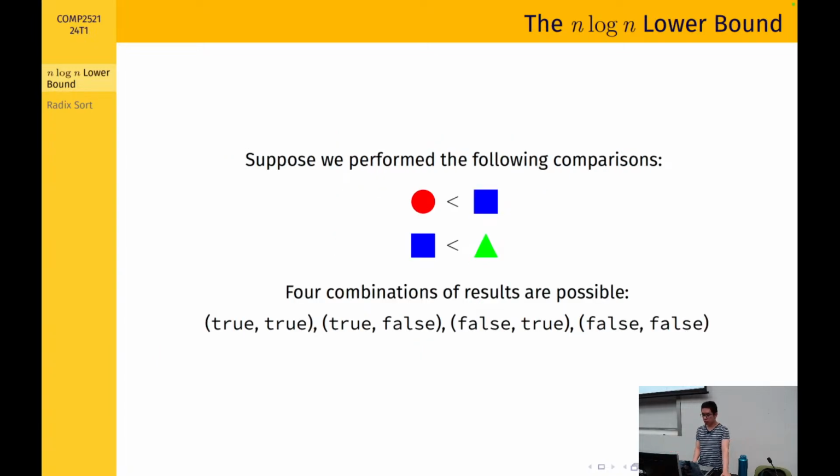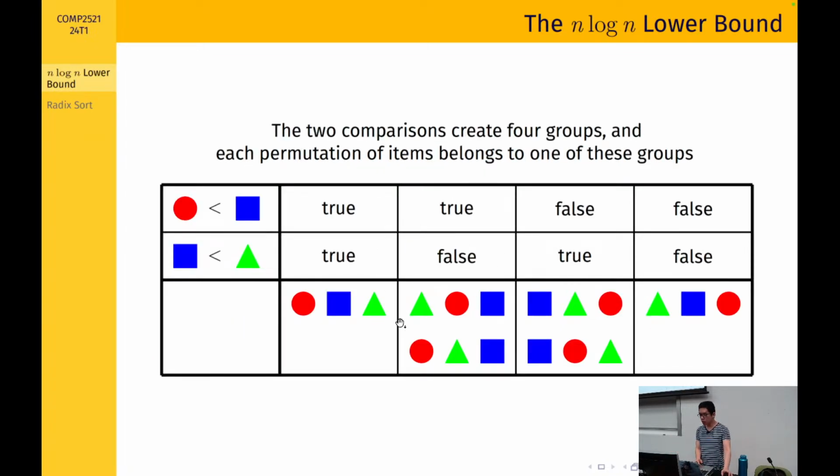Here are the 4 different possible results you can get. If both of the comparisons are true, so if circle is less than square and square is less than triangle, then we know that this is the correct order. There's only one possible permutation here which satisfies both of these comparisons. But if circle is less than square and square is not less than triangle, so true, false, then it turns out that there are 2 possible permutations that satisfy these results.